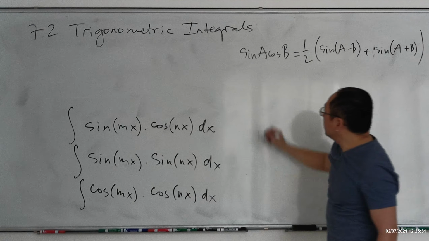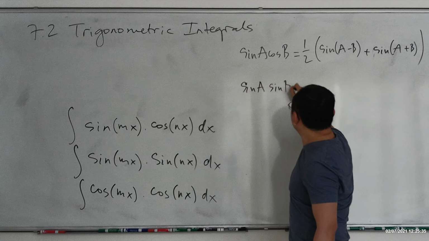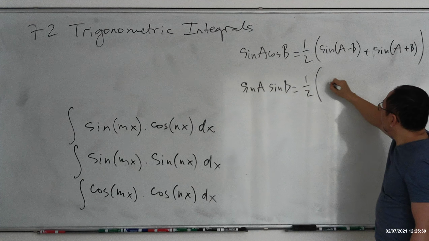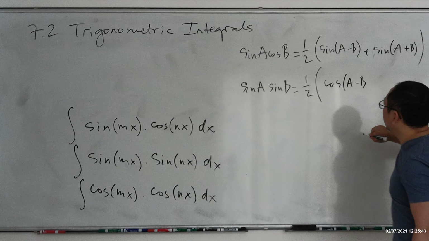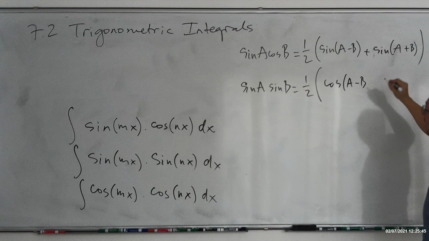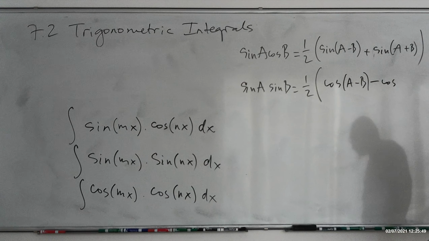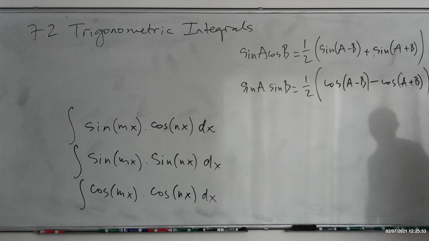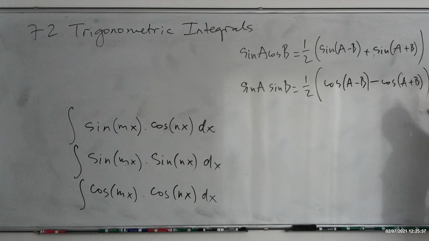The second one, sine A sine B, is 1/2 of cosine of A minus B minus cosine of A plus B. You see the way we write it, we write the difference of the angle first and then the sum.